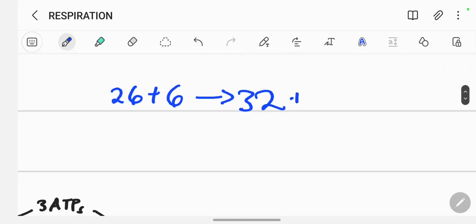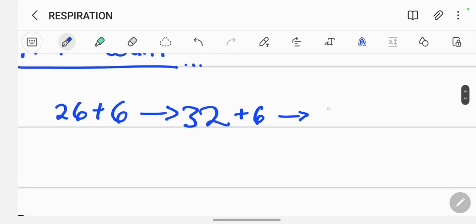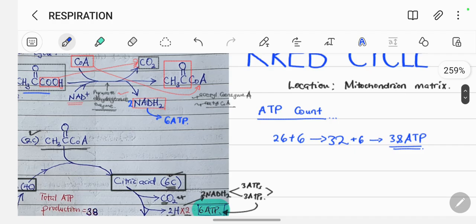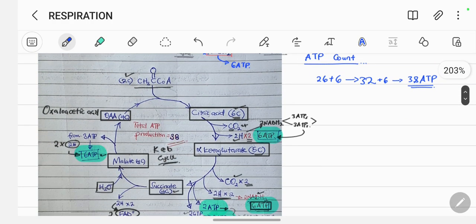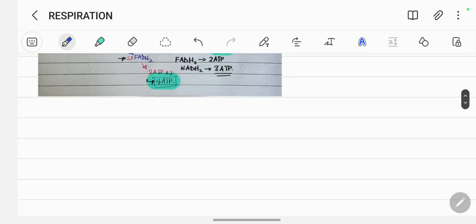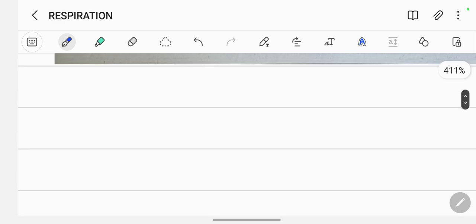Then 32 plus the 6 from glycolysis, we end up with 38. So 38 ATP in total. So that is it. So I want to talk about the importance of Krebs cycle, if maybe it's asked.